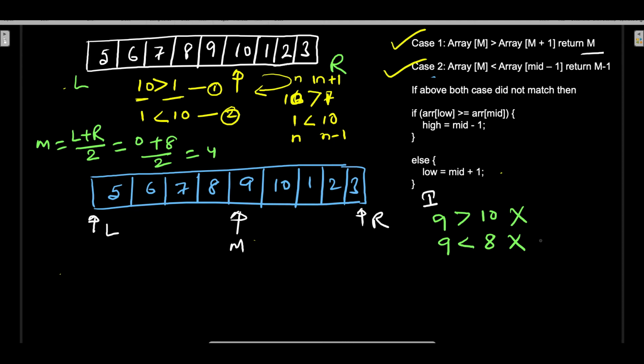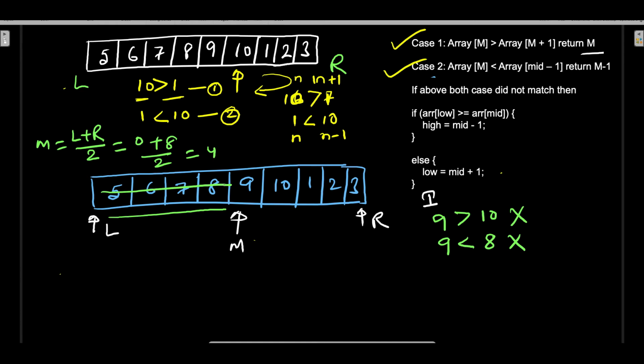So what we can conclude here is at least your middle is not greater than the next element, and your middle is not lesser than the previous element, right? Which means one thing is for sure, you don't have the output this side, at least this is clear. So that part is gone now.